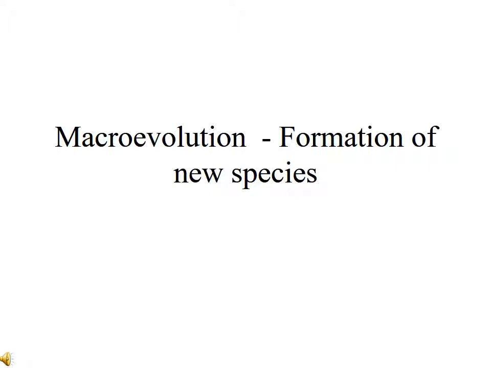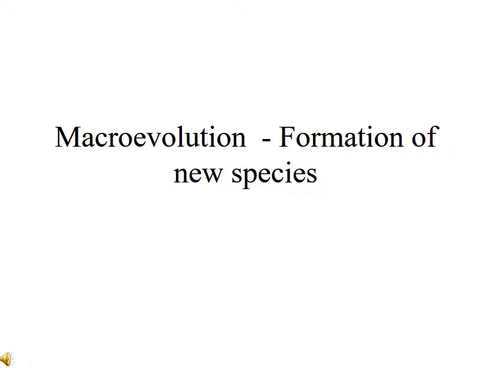Now that we have looked at microevolution, which may or may not result in formation of a new species, we will now focus our effort towards macroevolution, the formation of species by preventing mating.